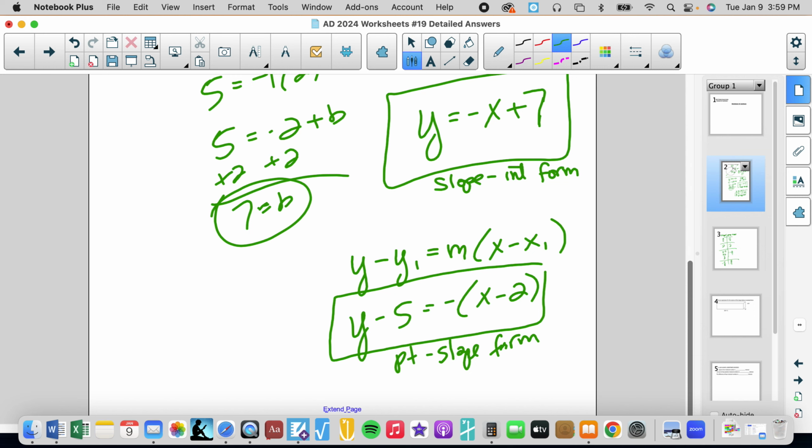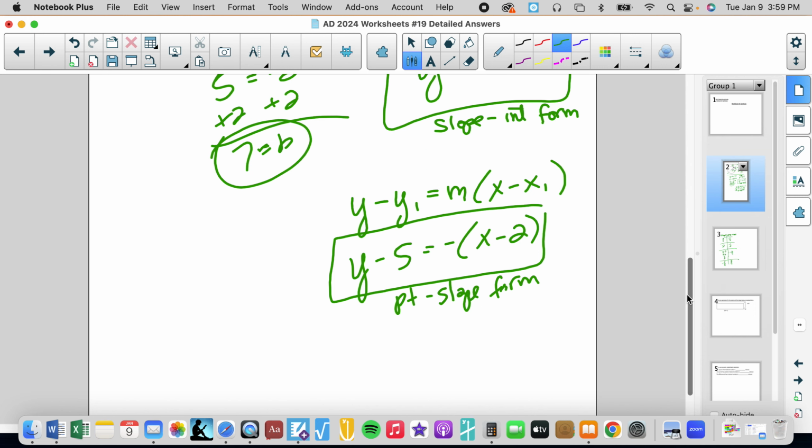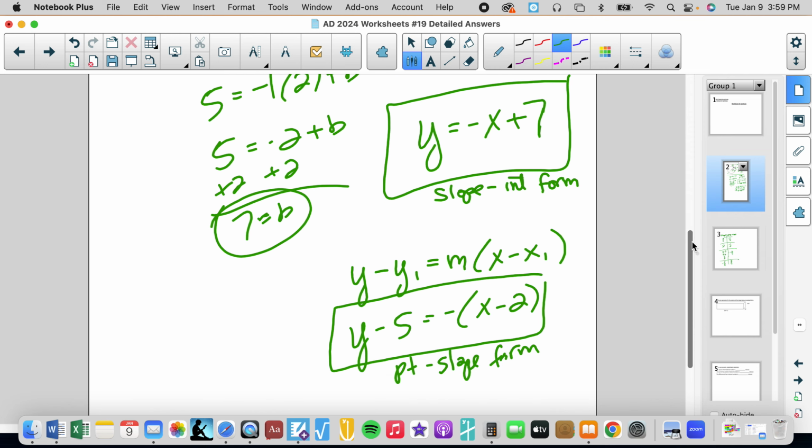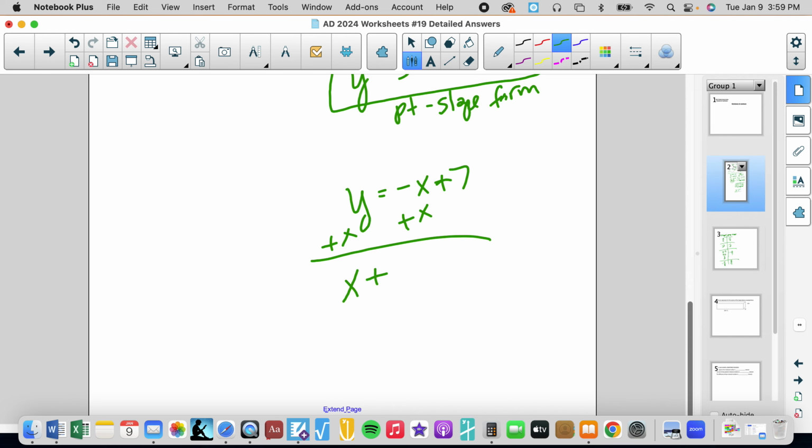Or if you wanted to put it in standard form, I would use my slope-intercept form. We can go y equals negative x plus 7, and we could add the x over, and we get x plus y equals 7, which is in standard form.